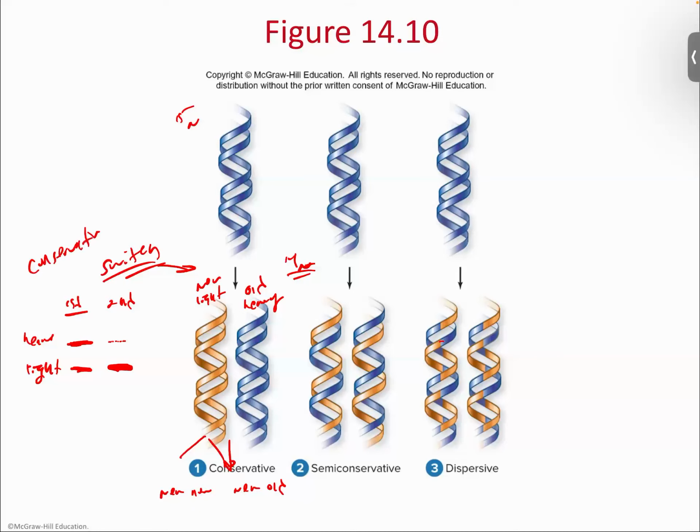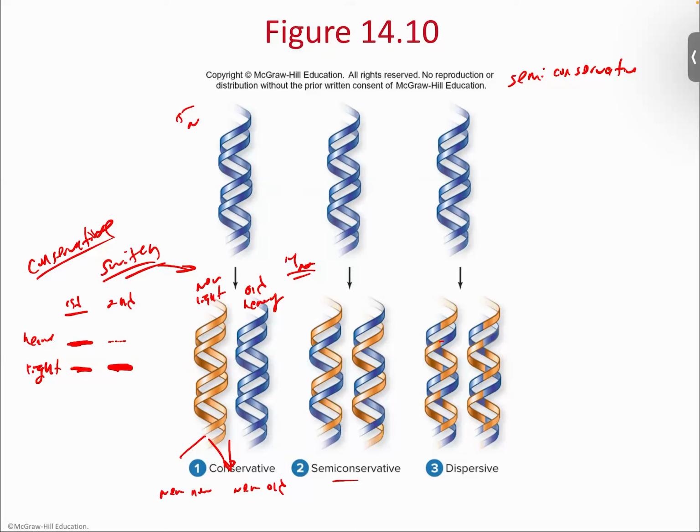Notice what I'm doing. I'm trying to hypothesize. This is a type of hypothesizing. If this is true, then this is the pattern I should see. Now, let's hypothesize with the semi-conservative. After I switch in the semi-conservative, what should I see?